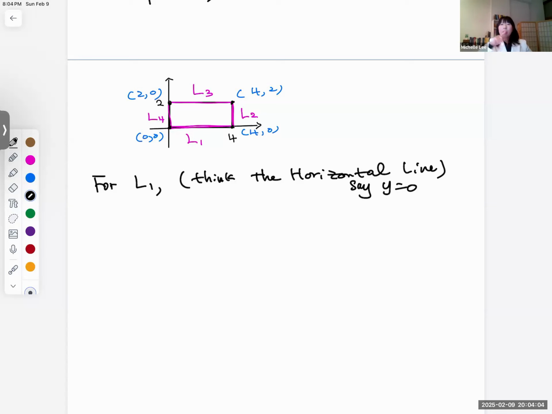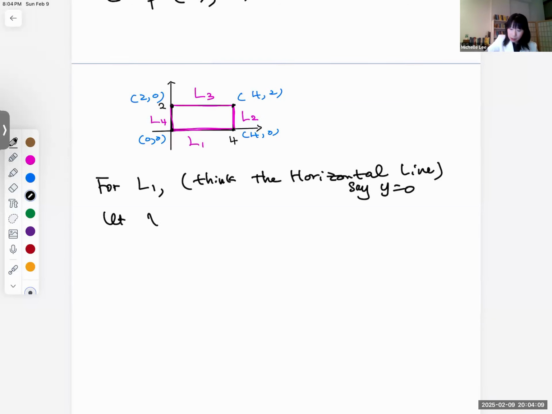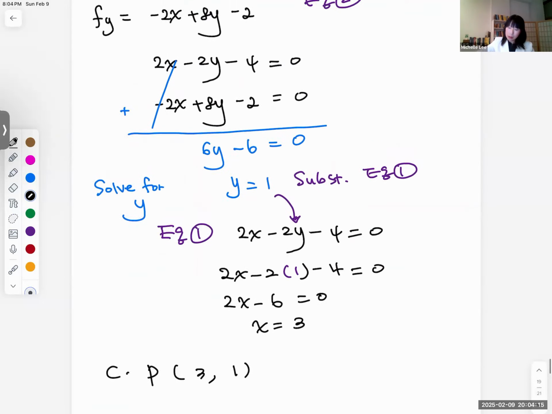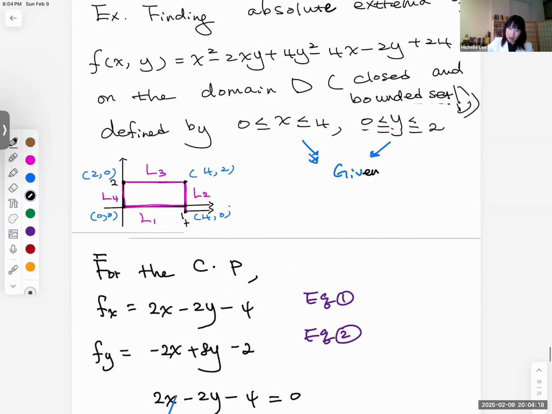Then we are using this technique here. Let x equal to t, y equal to 0. Then we have the original equation here.